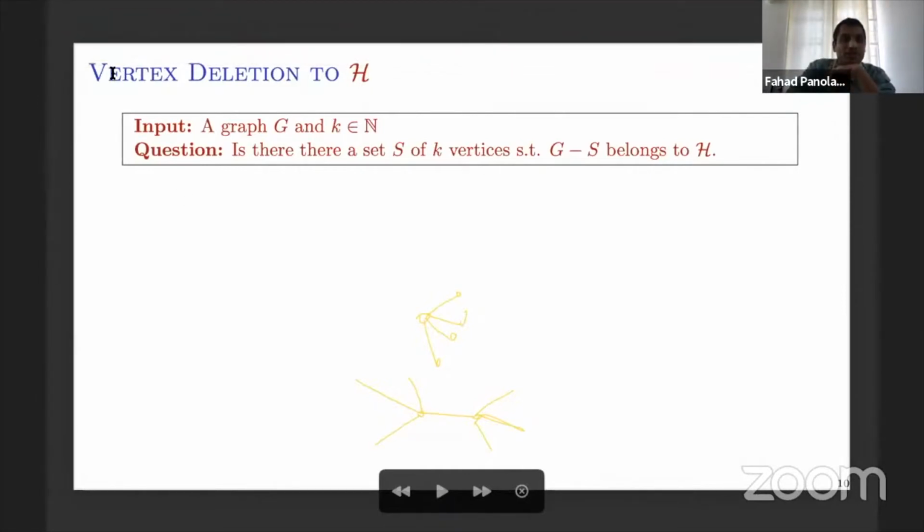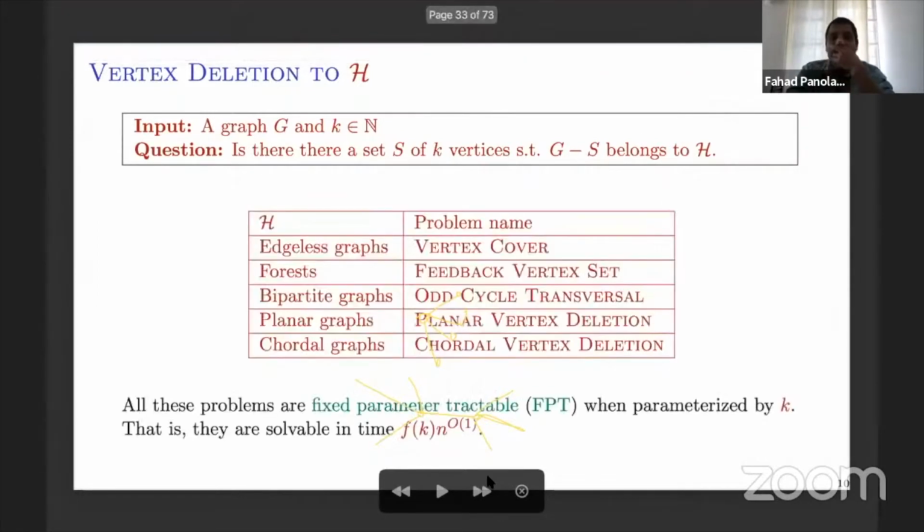Okay, so a vertex deletion problem looks like this. We have a graph class H, and we are given a graph G and an integer K. The question is, can we delete at most K vertices, a set S, such that G minus S belongs to this graph class H? Okay. And if you take different graph classes, say if you take H to be edgeless graphs, then that problem is vertex cover.